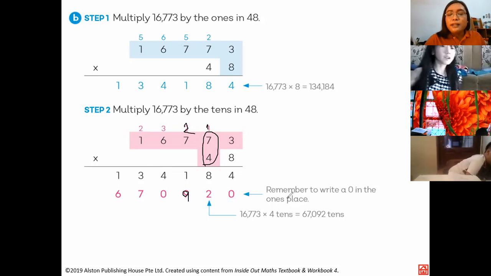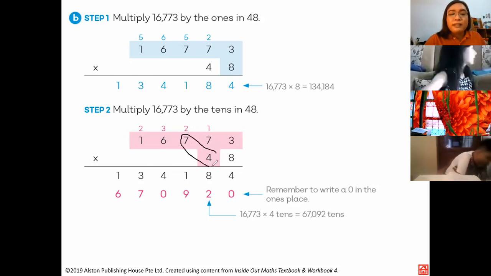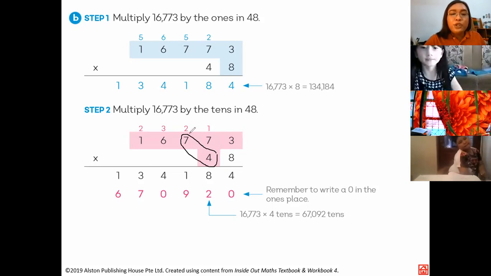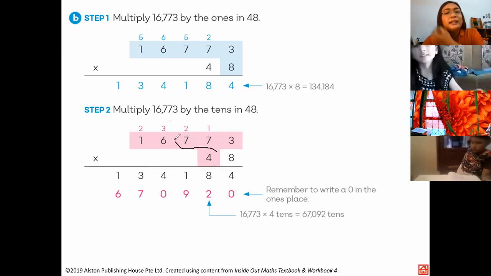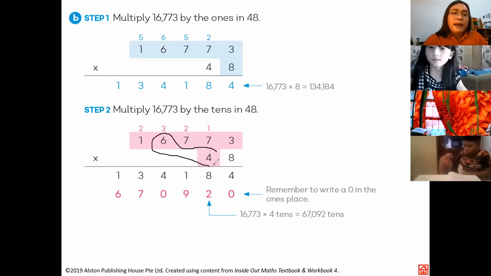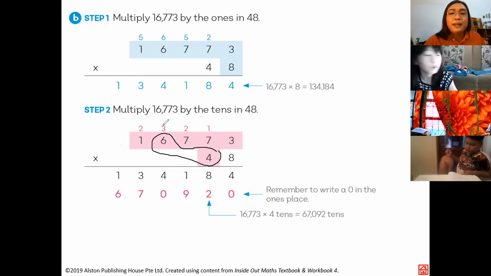All right, next, multiply 4 by 7, that's still 28, plus 2, that's 30. So write 0 over here and then carry the 3 at the top of number 6. And then 6 multiplied by 4, 24 plus 3, 27.